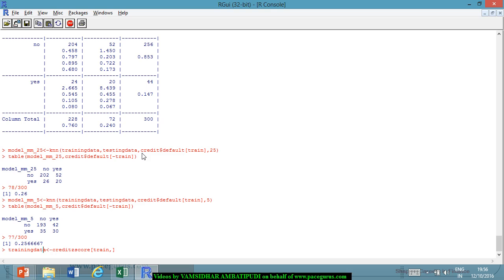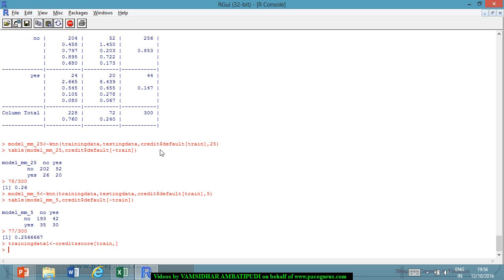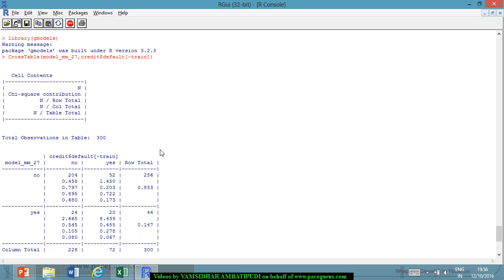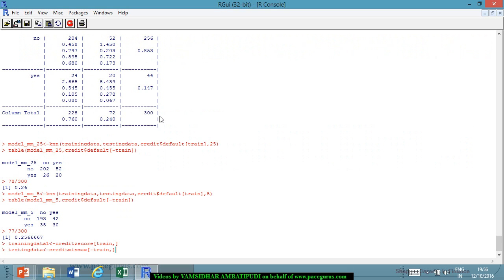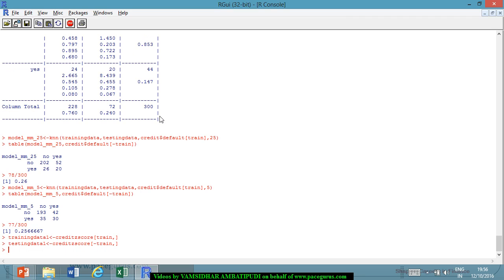Otherwise, let me call it training data 1 so that I'll have a backup of everything. Right, so I'm taking the Z-score. And similarly, I can take the Z-score for testing data as well. So instead of min-max, I'll take Z-score. I'll call it testing data 1.